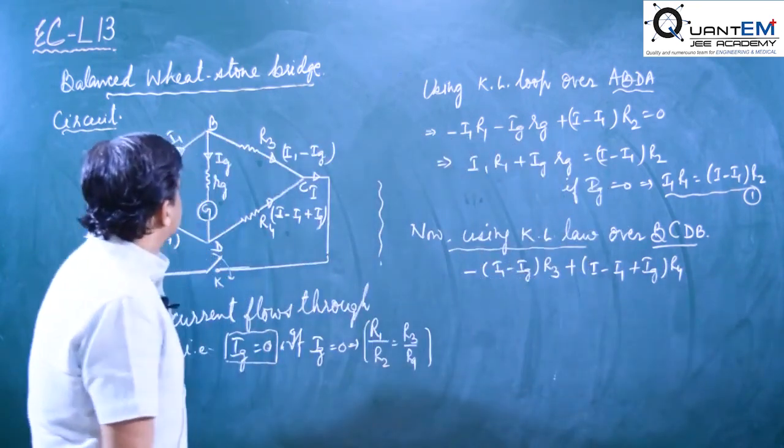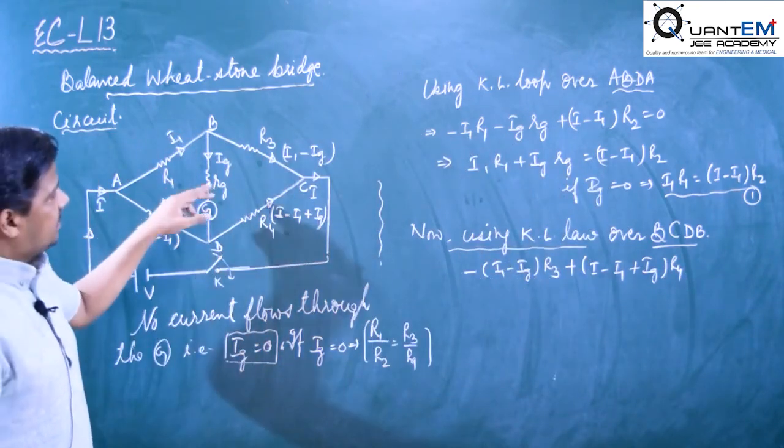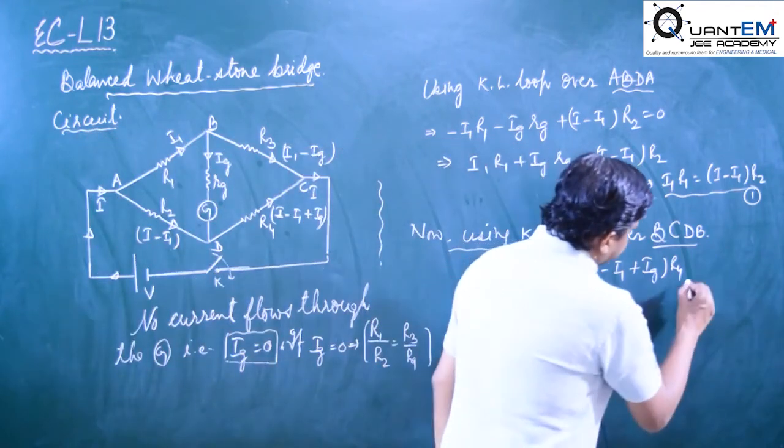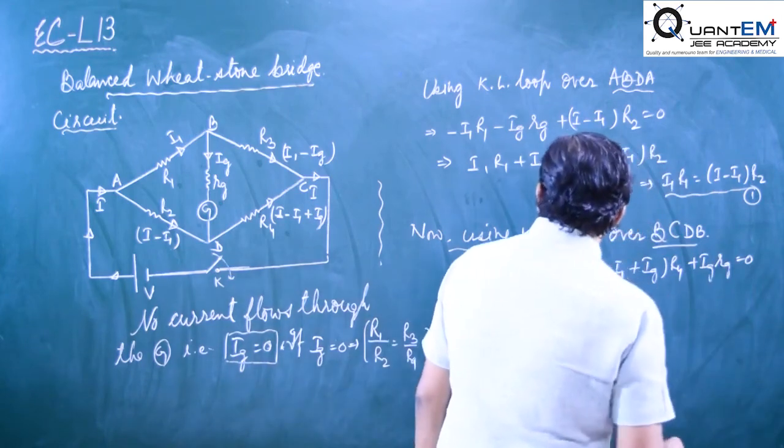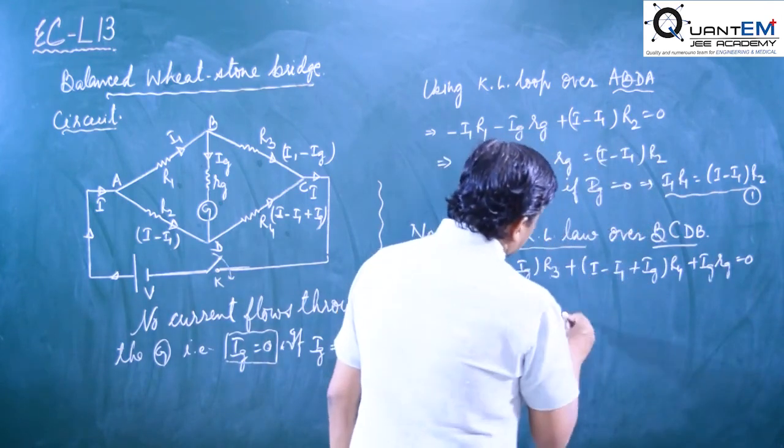And then D to A, current and loop are in the opposite direction. So plus Ig Rg, that is equal to 0. Again we take Ig equal to 0.